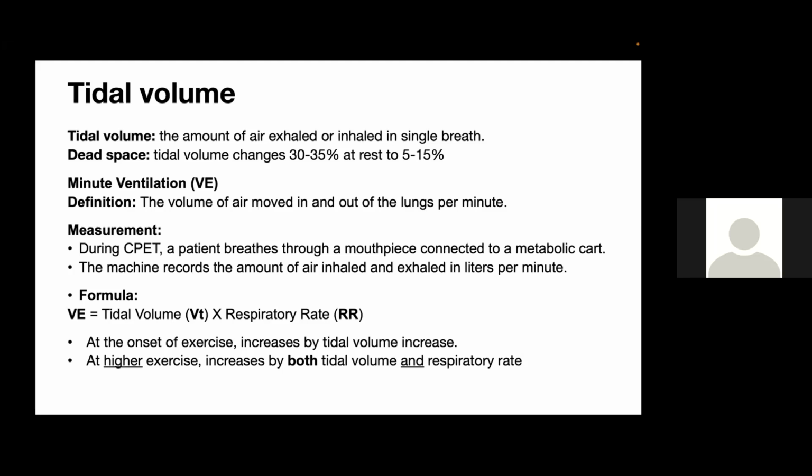It is important because minute ventilation is equal to tidal volume times respiratory rate. From this we can interpret our findings. So normally at the onset of exercise, the minute ventilation will increase by tidal volume. And then at higher exercise, the minute ventilation will increase by both tidal volume and the respiratory rate.